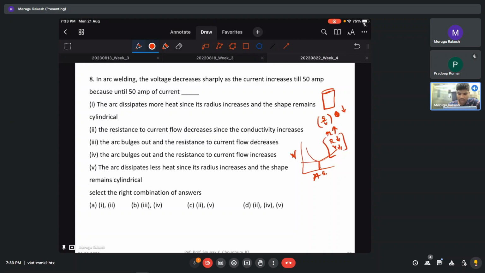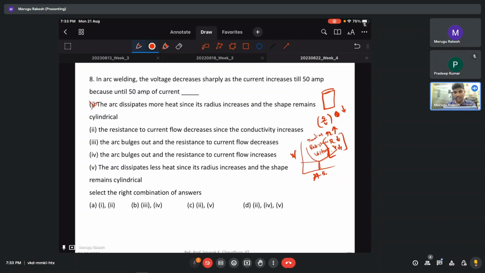That is the reason behind this trend. So this is radius, and this is resistance and voltage. And since the surface to volume ratio is less, the heat dissipation is also less. So the arc dissipates more heat.